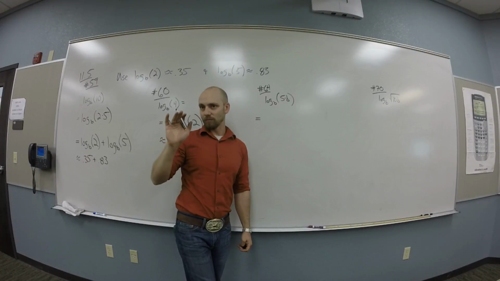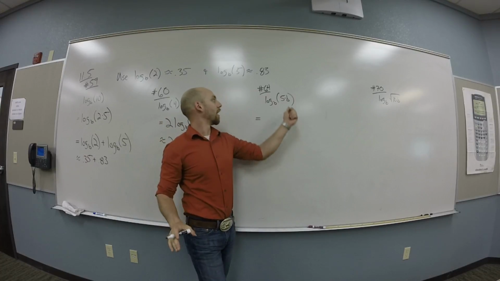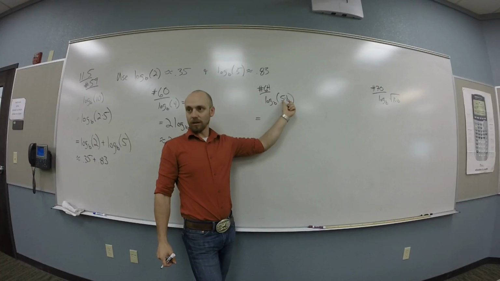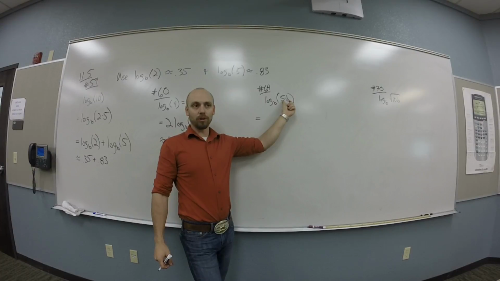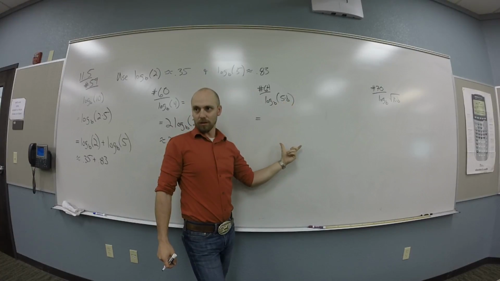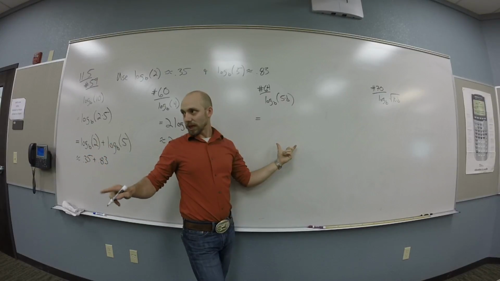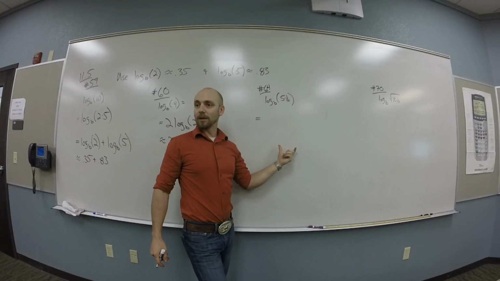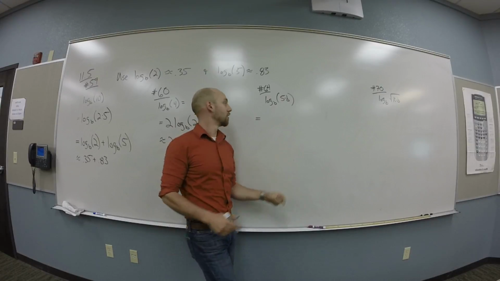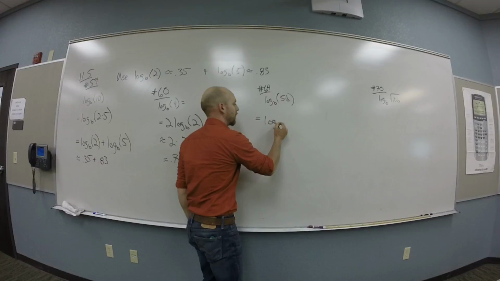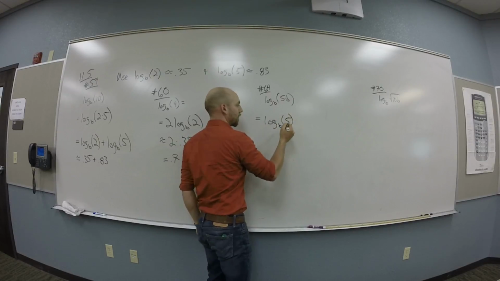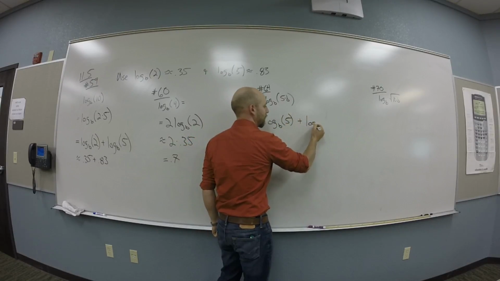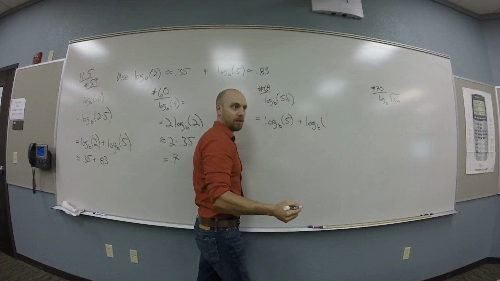So let me slow down and write this out carefully. I have multiplication on the inside, right? So I'll use a log rule to make that addition on the outside. So I'll get log base b of 5 plus log base b of b.